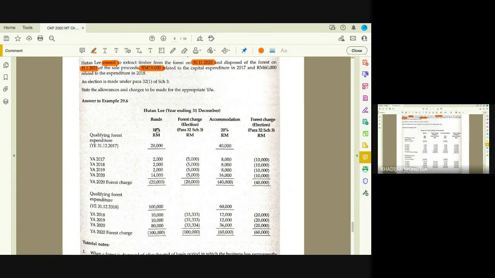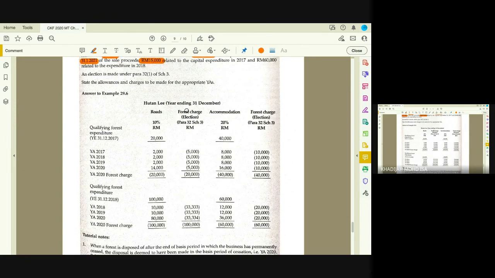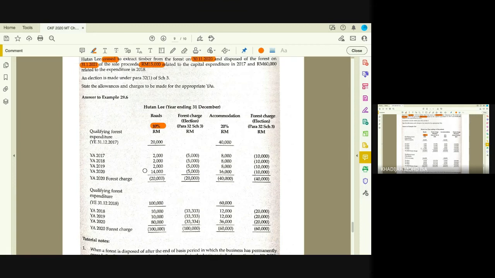So how you do this is that for Hutan Lee, year end 31st of December, the road cost you 20,000, at 10% per annum. So 2,000 started in 2017 at 10%. So you claim 2017, 2018, 2019, 2020. For 2020, the law says that in the year of cessation, how do you get that 14,000?